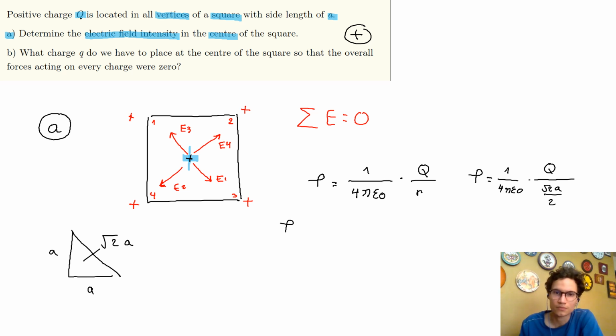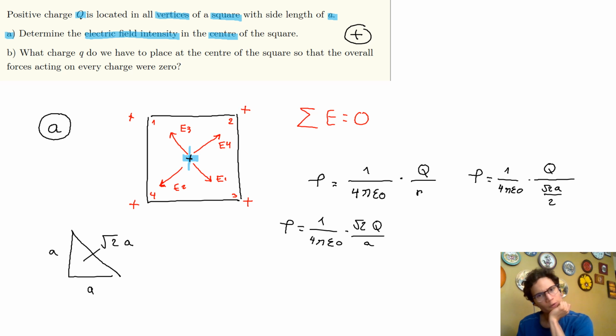So the potential on one vertex will be 1 over 4 times pi times the constant, multiplying the square root of 2 Q over A. But there are 4 vertices, so the total potential, let's call that potential T, will be equal to 4 times the potential at one of the vertices.